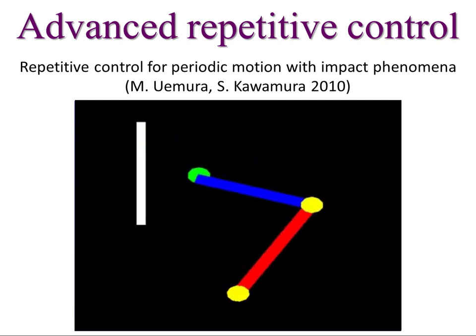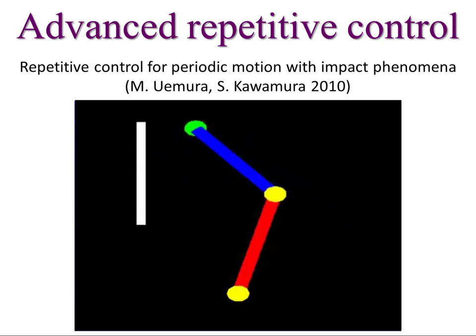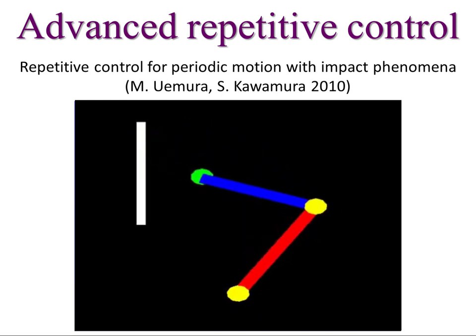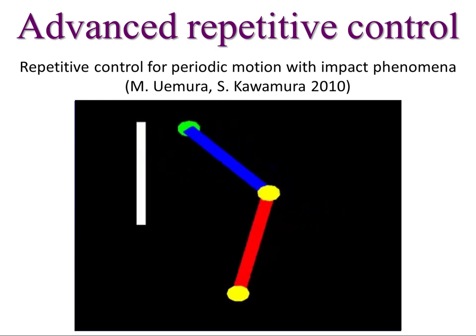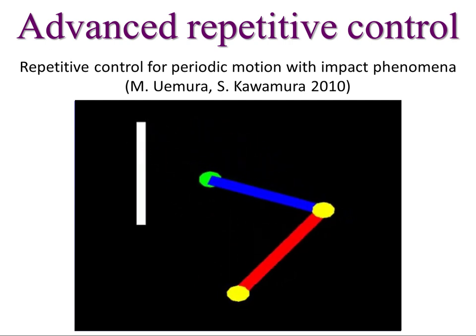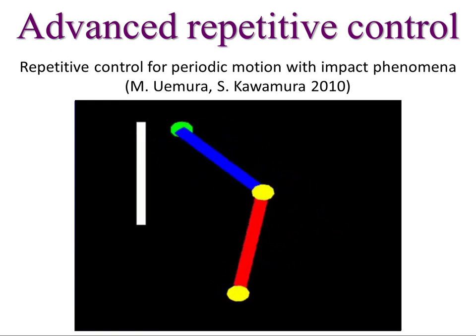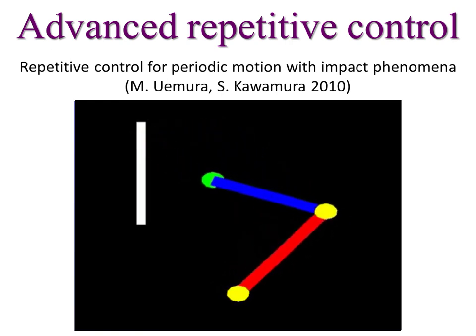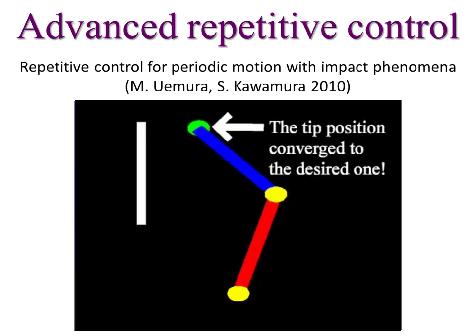In this study, the authors proposed a control method to generate the desired periodic motion that includes the collisions. As shown in this movie, the trajectory of the robot hand converges to the desired trajectory.